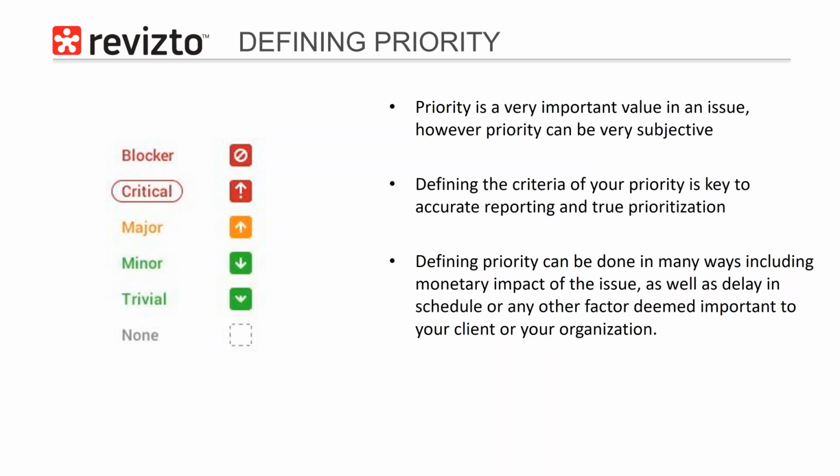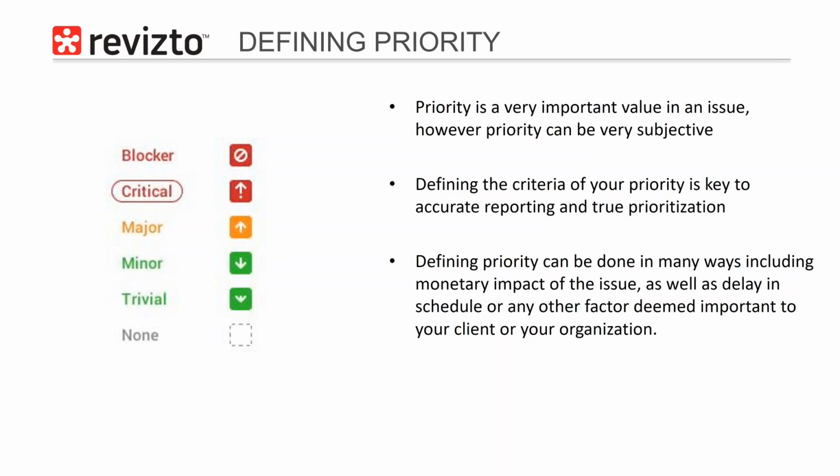A lot of this boils down to the fact that end users don't understand how big of a problem their actual issue is unless they are very, very in tune with the financial or schedule aspects of the project. So when a project kicks off, I think it's very important in your project execution plan or your organizational implementation plan that you sit down and define what each one of these means.